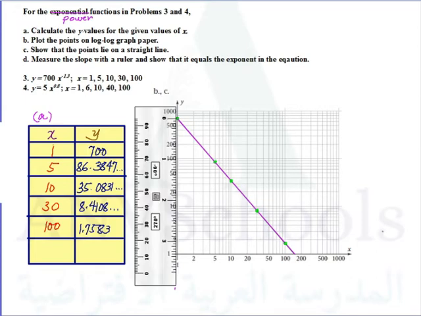Okay, to get our slope, I have a calculator here. I mean a ruler, and this ruler, not calculator, okay? This ruler will be used to get the slope of this line. So I can actually get the slope by considering 2 points here.